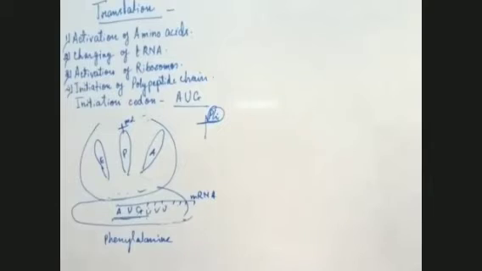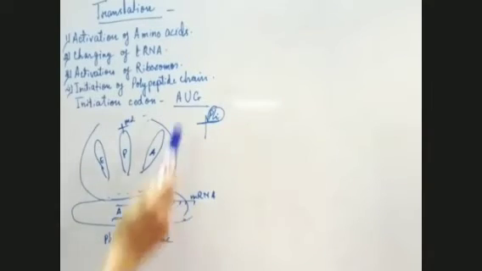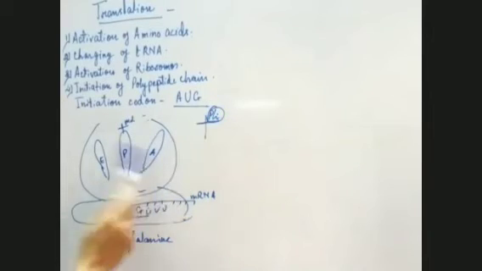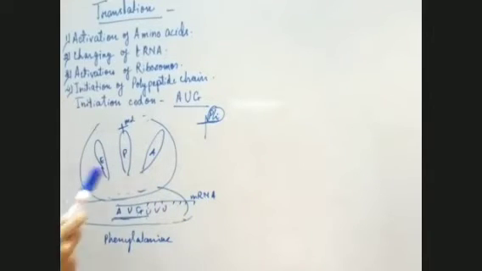Very good, Suksahaj. So after the initiator codon, all the triplet codons for which the amino acid will be brought are accepted by the A site. Only for the initiator codon, the transfer RNA is accepted by the P site.